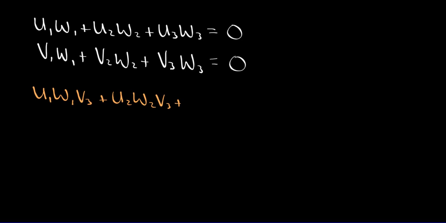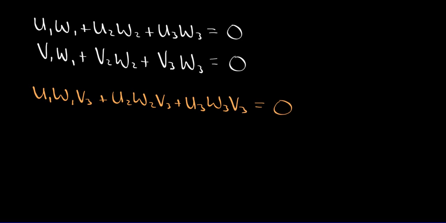And then I've got U3 W3 V3. And of course equals 0. I multiplied both sides by that. So I've not hurt anyone by doing that. I just multiplied through by a scalar. And everybody knows you can do that.